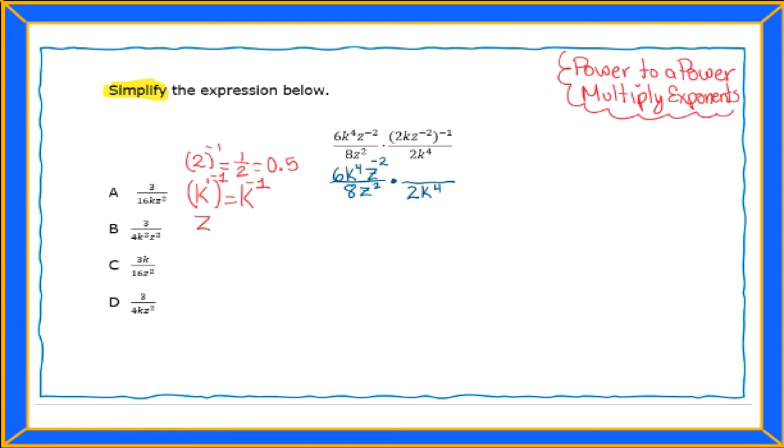What about z? Well, z is raised to the -2 and again to the -1. Is that correct? So now I need to apply that power to a power rule, and I will get -2 times -1 gives me a +2. Are we clear? So I'm going to rewrite everything over here.